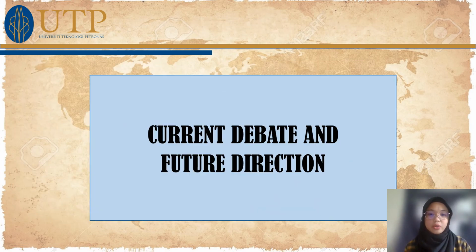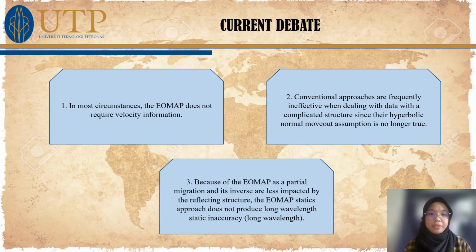So now let's proceed to the current debate and future directions. So the current debate is, firstly, in most circumstances, the EO map does not require velocity information. Secondly, conventional approaches are frequently ineffective when dealing with data with a complicated structure since their hyperbolic normal move-out assumption is no longer true. Lastly, because the EO map, as a partial migration and its inverse, is less impacted by the reflecting structure, the EO map statics approach does not produce long wavelength static accuracy.